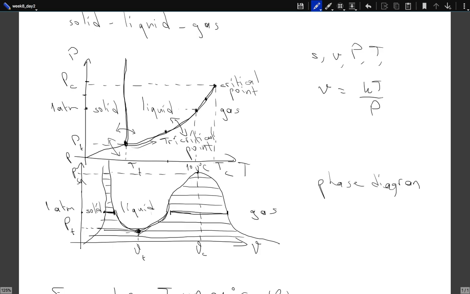Now, if you have an example of this glass filled with water over here, okay, let's say we are at room temperature, there is an atmospheric pressure, there is a vapor pressure, so the liquid will start evaporating. If it is a closed container, the vapor will evaporate until the vapor pressure inside the container is equal to this pressure.